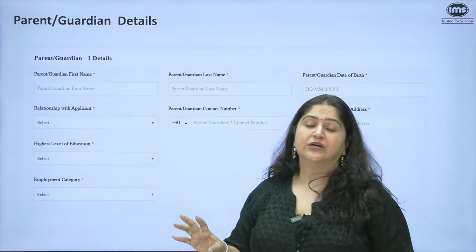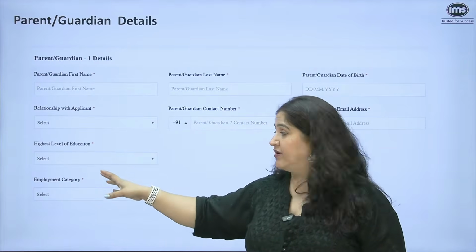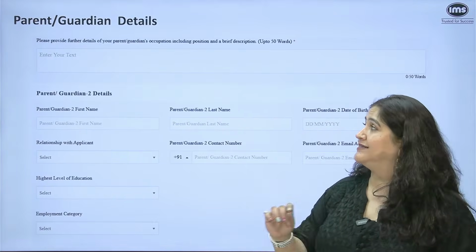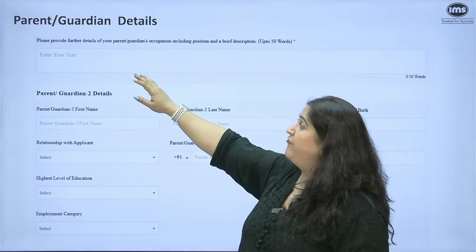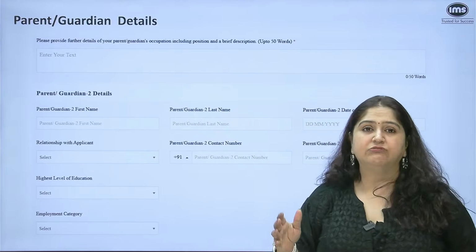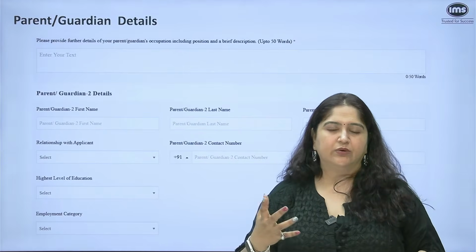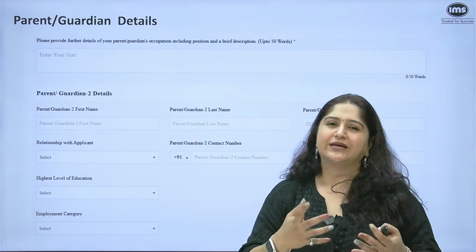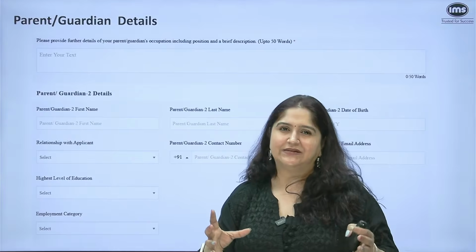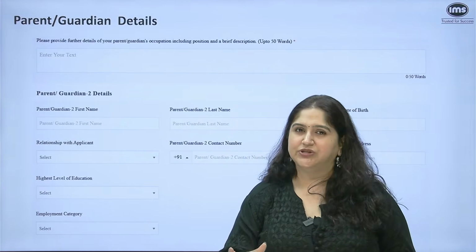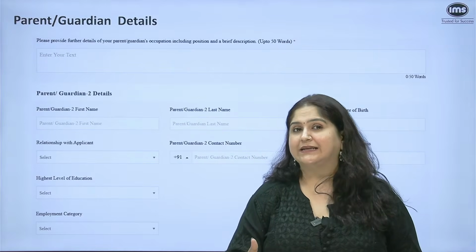Now Ashoka would require their highest level of education with their employment category, but they also ask a little write-up on further details about the occupation of the guardian. So in case your dad is working, ensure that you take a 100 word write-up from your dad or your mom or your guardian, understanding what exactly their job role is and what exactly it involves.